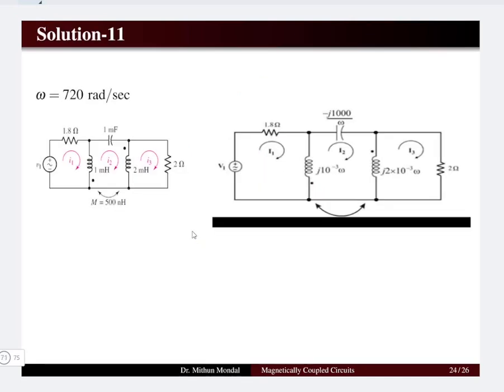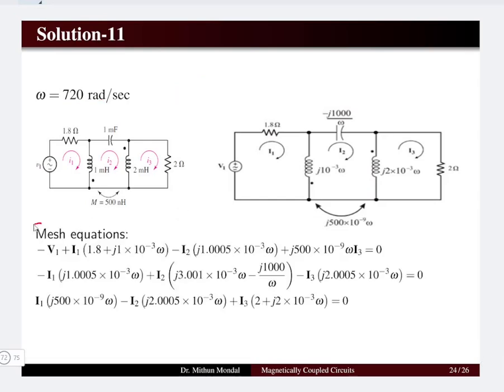So first what we are going to do is take the frequency to be 720 radian per second, and we will obtain the new network with the reactance values. All the inductance values will be converted to reactance values with the help of the frequency 720 radian per second.